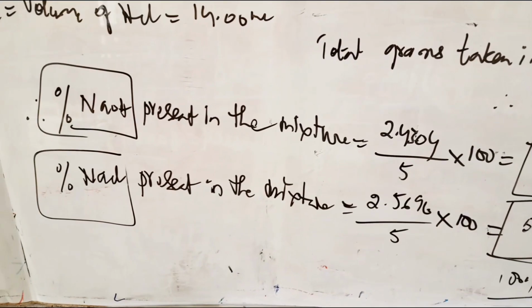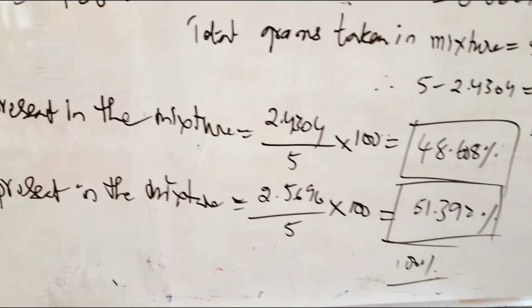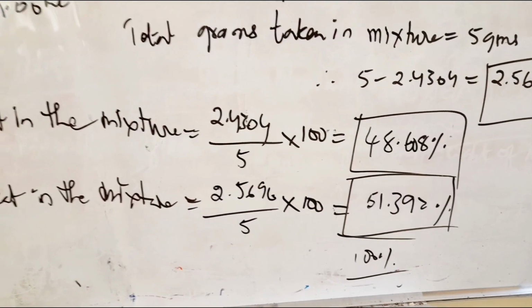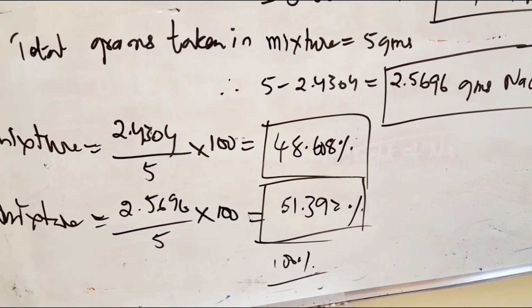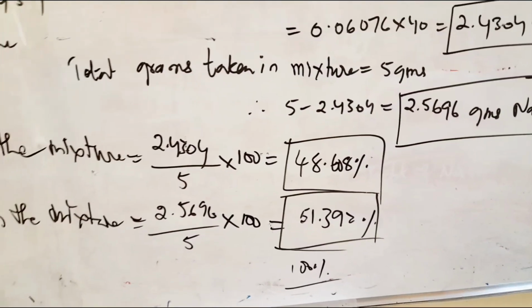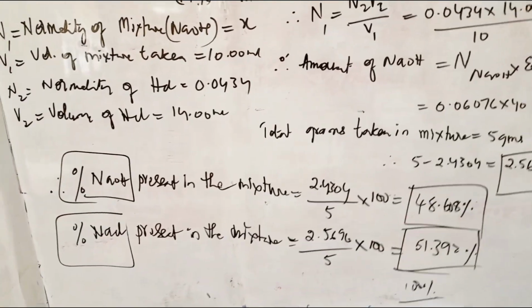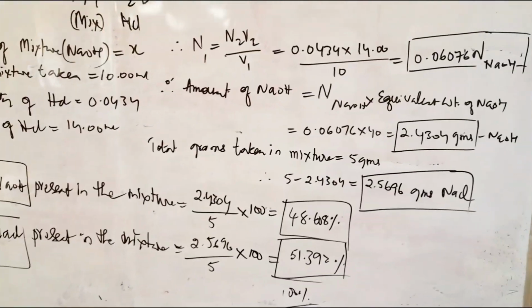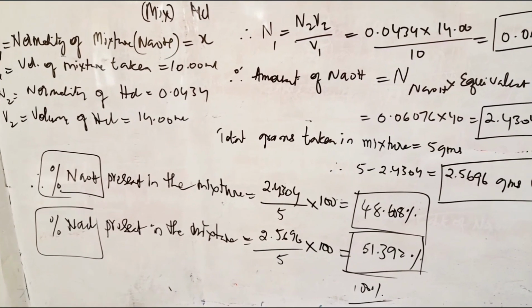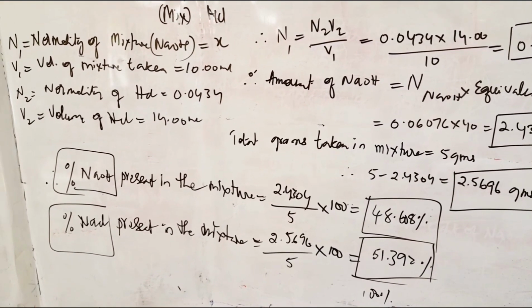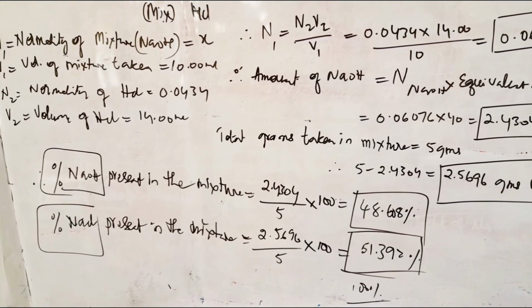And the percentage composition of sodium chloride in the mixture is 2.5696 by 5 into 100, that is 51.392%. The total will be 100%. From this experiment we have determined the amount of sodium hydroxide and sodium chloride present in the mixture, and we have also calculated their percentage composition.